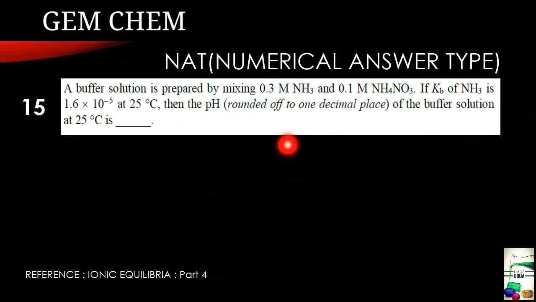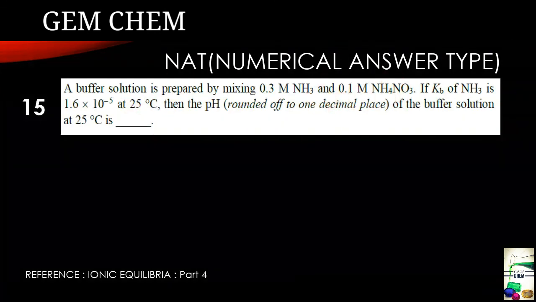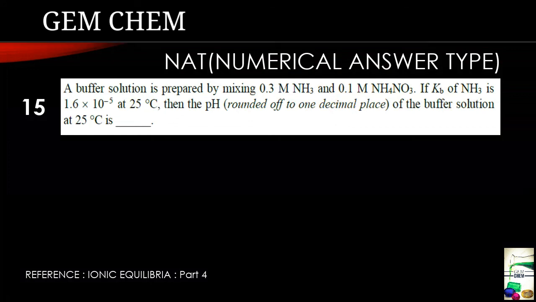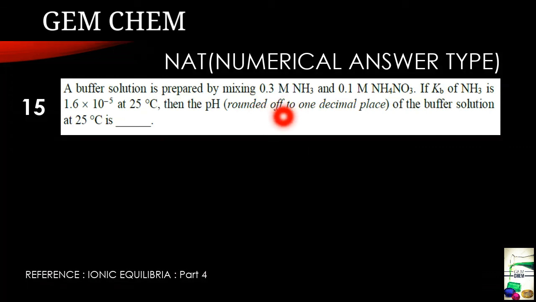Now this is the last question of this particular video, and it is also important. See this one, this is from buffer solution. Here a buffer solution is being prepared by mixing 0.3 molar ammonia and 0.1 molar NH4NO3.